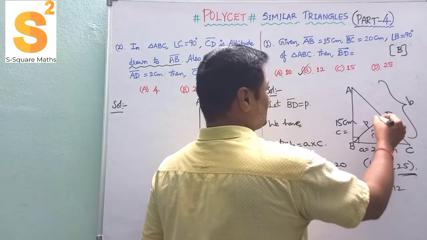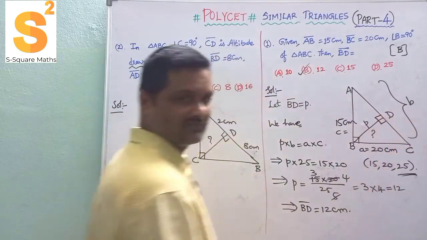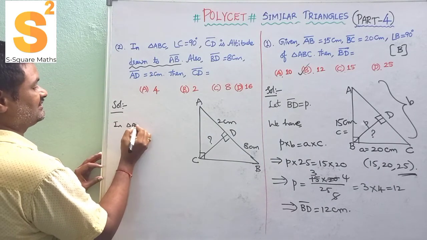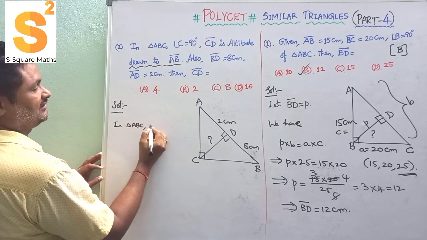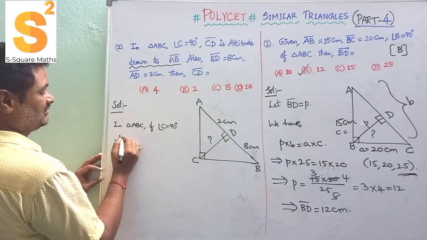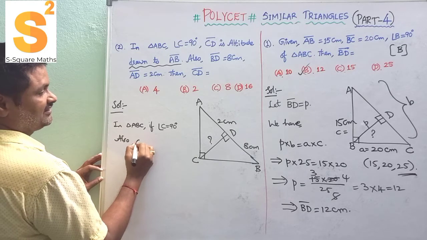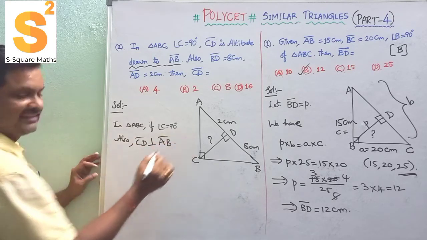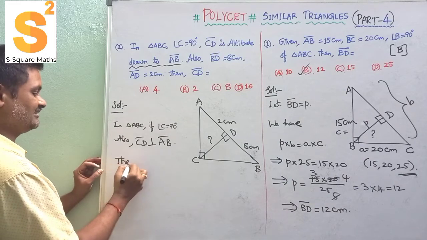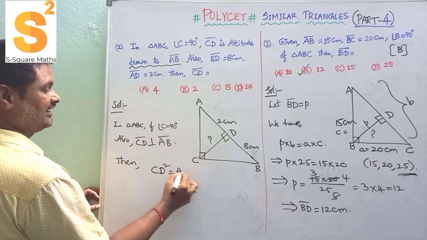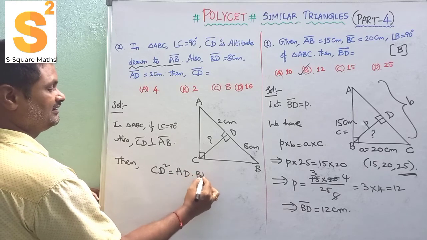Here also there is a perpendicular. In triangle ABC, if angle C is 90 degrees and CD is perpendicular to AB, then we have the result that CD squared equals AD into BD.